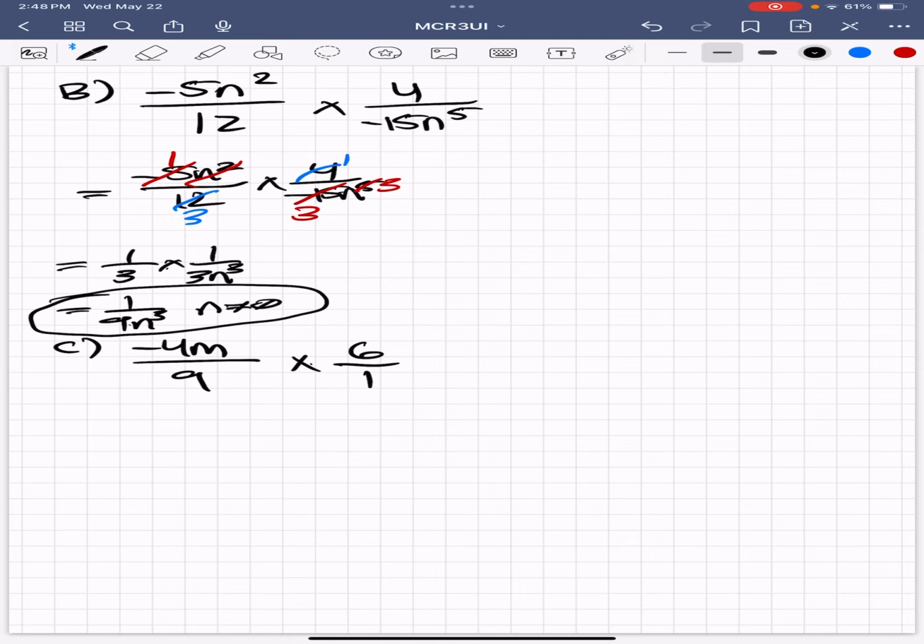Our restriction is what n cannot be. If it is just an expression of, for example, negative 15n to the power of 5, this n cannot be 0.